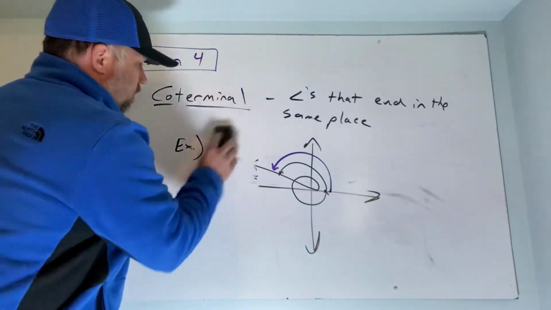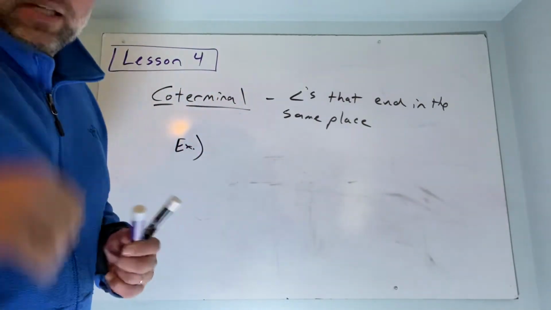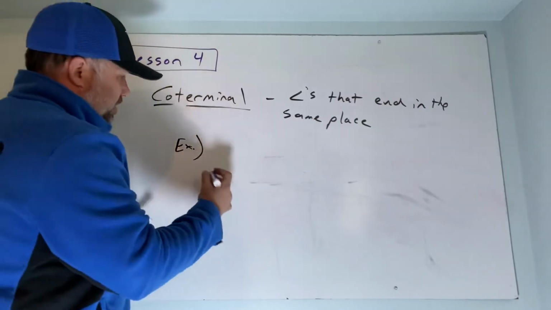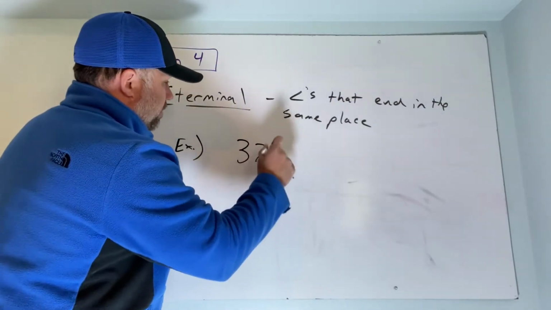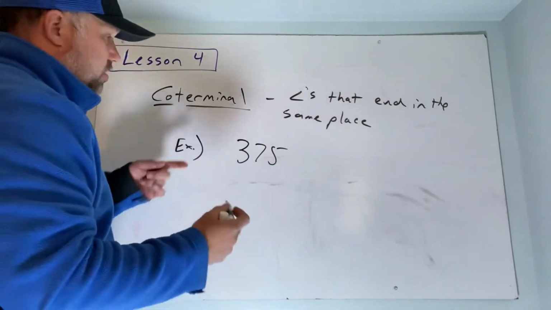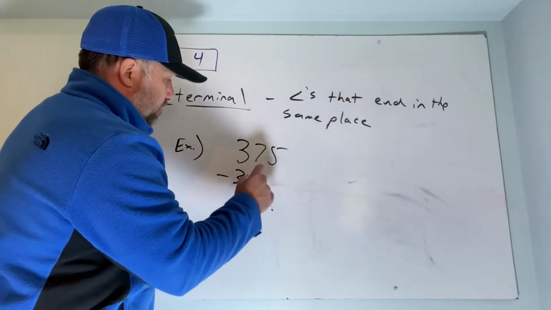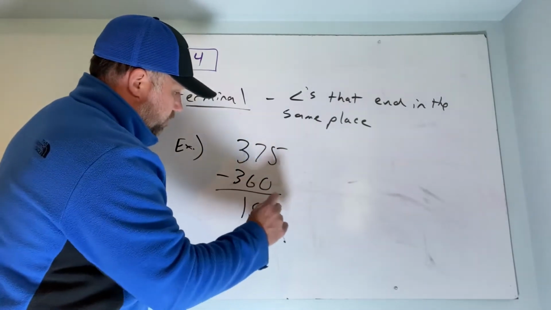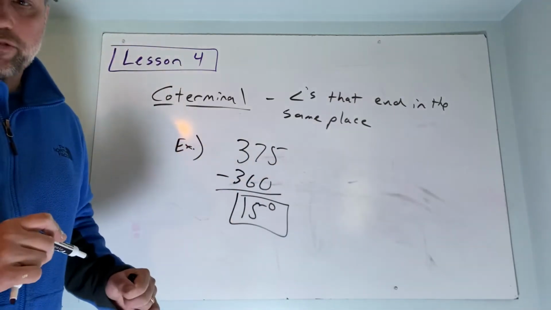So again, I'm going to do the next couple without a diagram. I'm just going to look at it from a 360 perspective. If I wanted to find an angle that's coterminal with 375, since 375 is bigger than 360, I can simply subtract 360 and find out that 15 degrees is coterminal with 375.